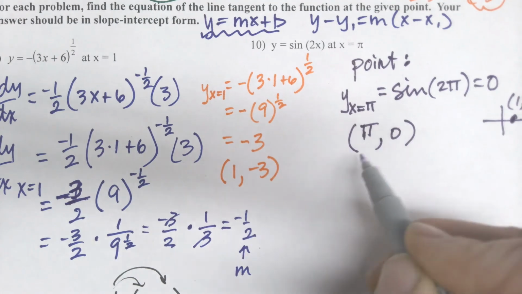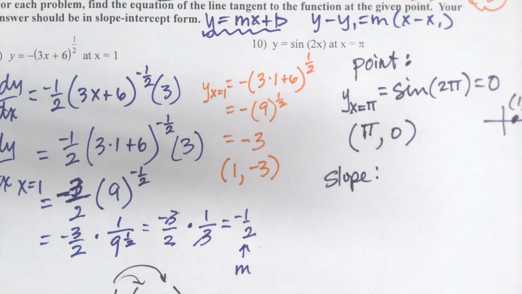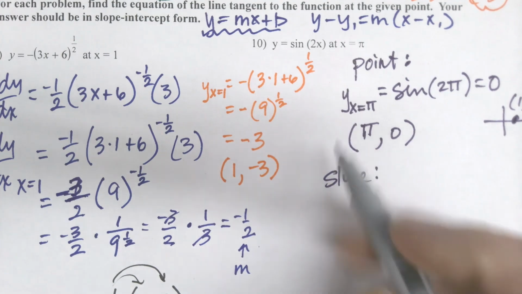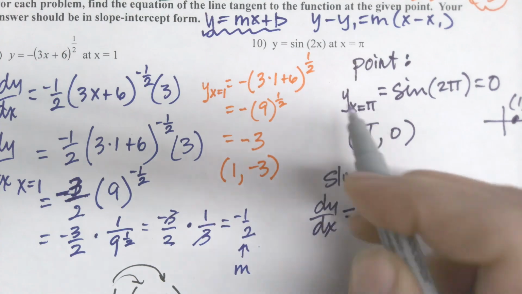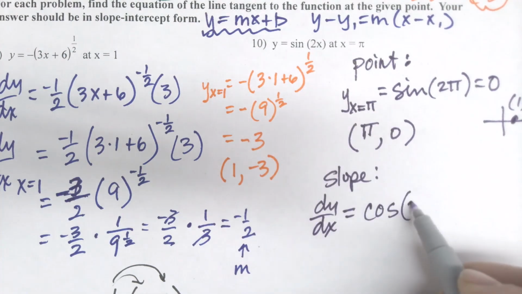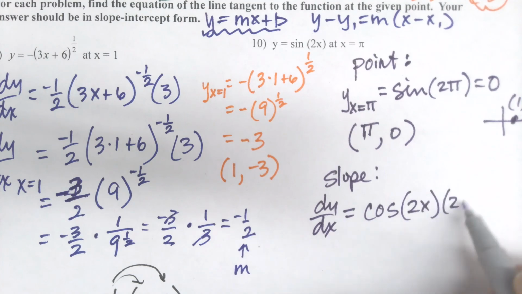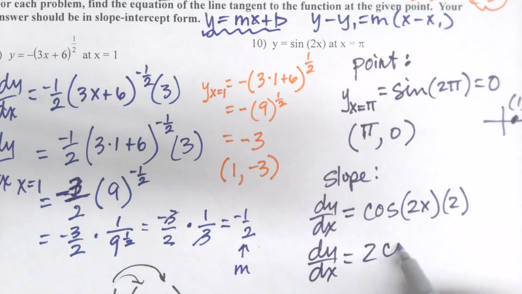Now I need the slope. And remember, the slope comes from the derivative. So I'll go ahead and do the derivative. dy dx equals, the derivative of sine is cosine 2x times 2. So dy dx is 2 cosine 2x.